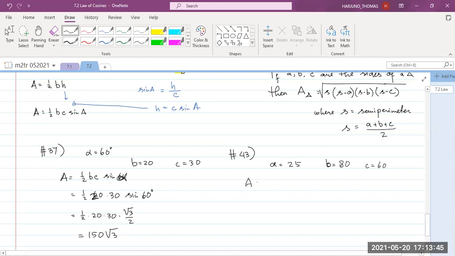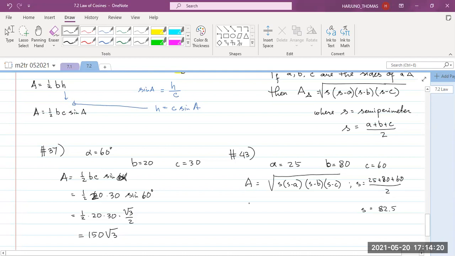So the area will be the square root of S times (S minus A) times (S minus B) times (S minus C), where S, the semi-perimeter, is (25 plus 80 plus 60) over 2. That's 82.5. Right? 165 divided by 2 is 82.5.